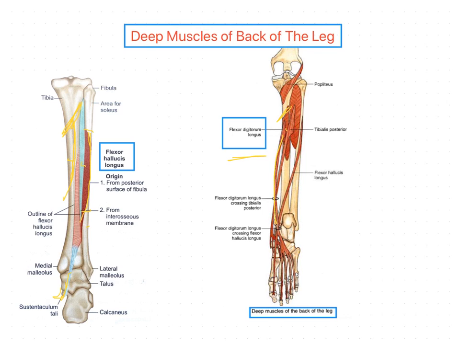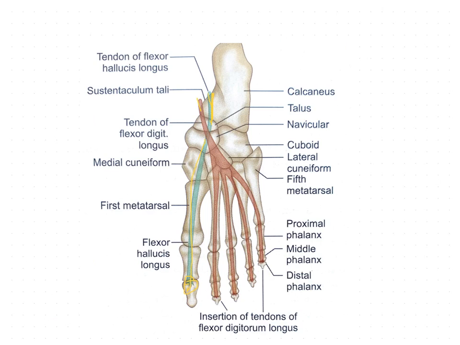Then it enters the second layer of the sole of the foot, where it splits into four tendons for the lateral four toes, and all of them insert into the bases of the plantar aspects of the corresponding phalanges.